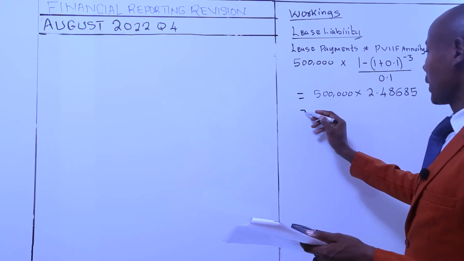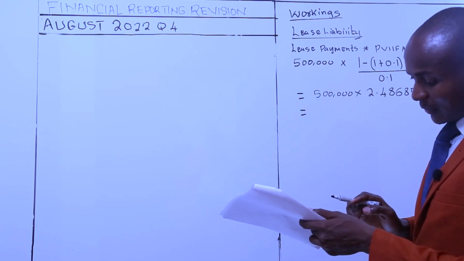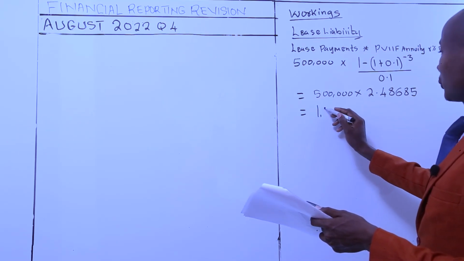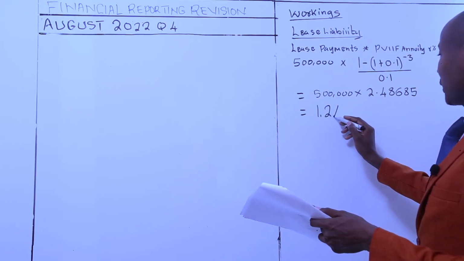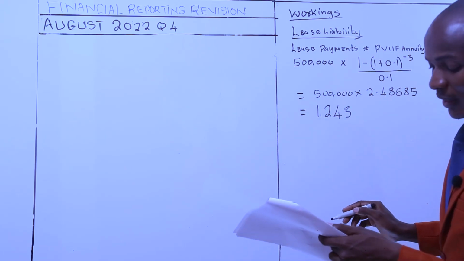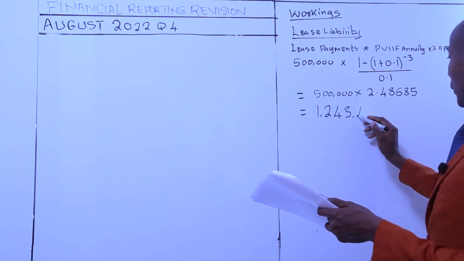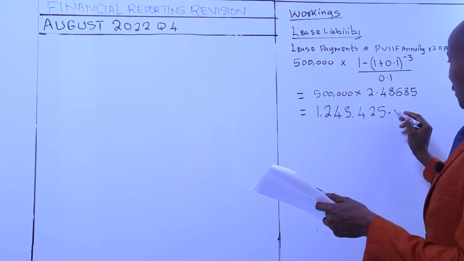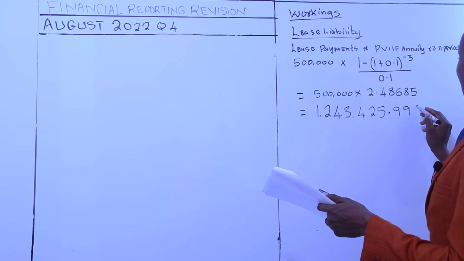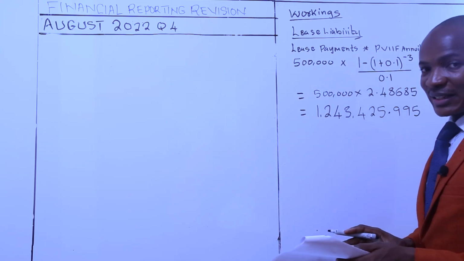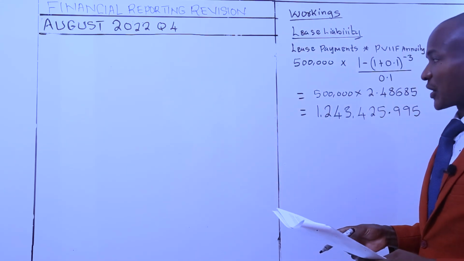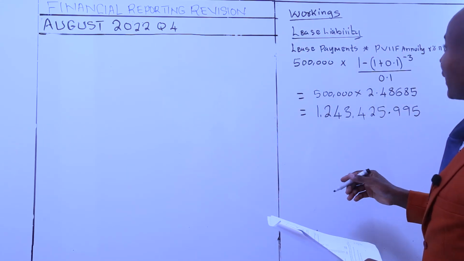That will give you a lease liability of 500,000 times that answer, which is 1,243,425.995. So that is the lease liability at inception.